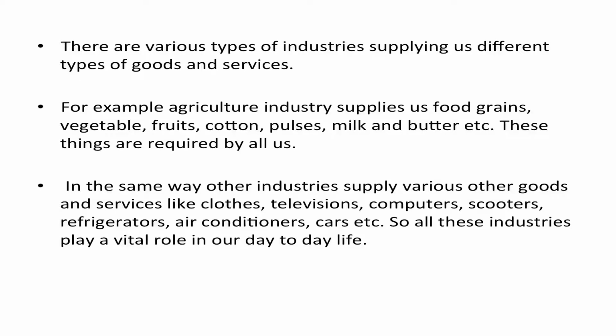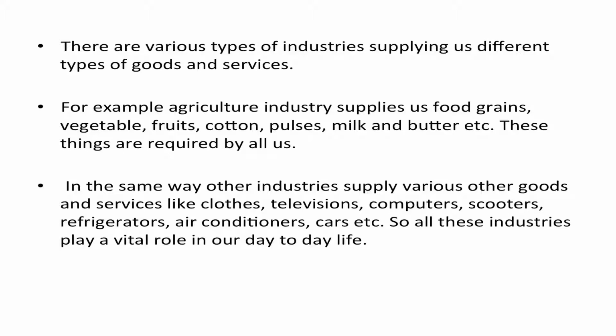There are various types of industries supplying us different types of goods and services. For example, agriculture industry supplies us food grains, vegetables, fruits, cotton, pulses, milk and butter, etc. These things are required by all of us.